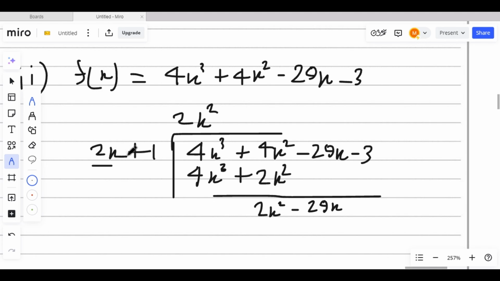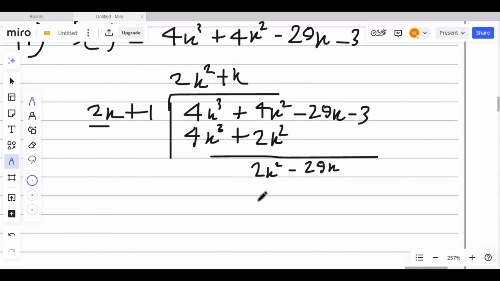So now we got two terms in the factor. What we need to multiply with the first term, 2x, of the factor to get 2x squared? This is plus x just. So we'll get 2x squared plus x.